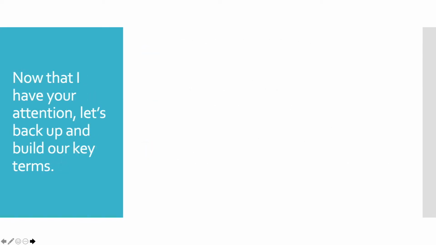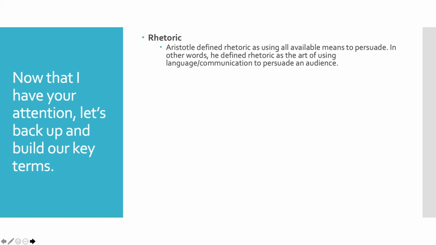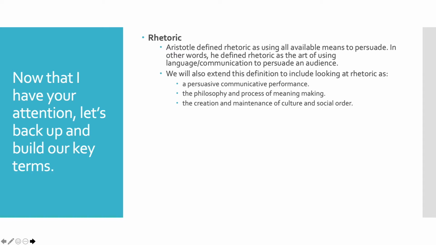So let's back up a little bit, build our key terms just for a minute. We talked earlier about rhetoric, right? Aristotle defined rhetoric as using all available means to persuade. In other words, he defined rhetoric as the art of using language communication to persuade an audience.